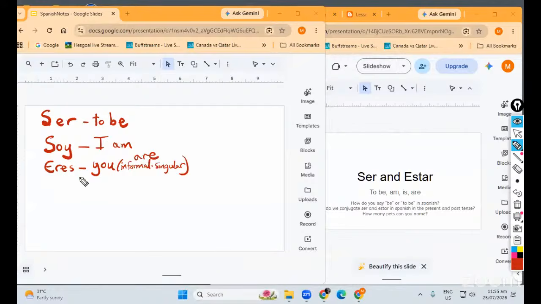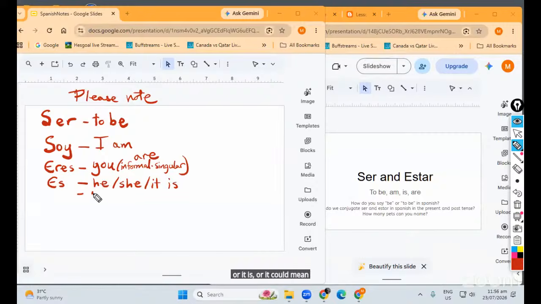You are. Es, now here's where we would, in real life, in Spanish, put in, yes, these are the notes you're taking down, so please note, we would put in the él or ella or usted. So he or she or it is, or it could mean you, formal and singular.